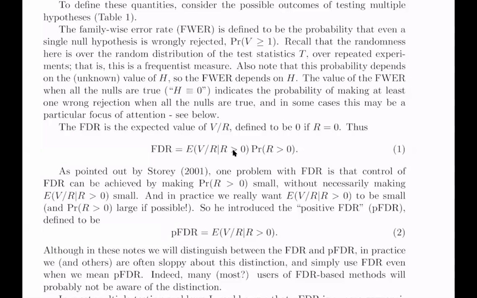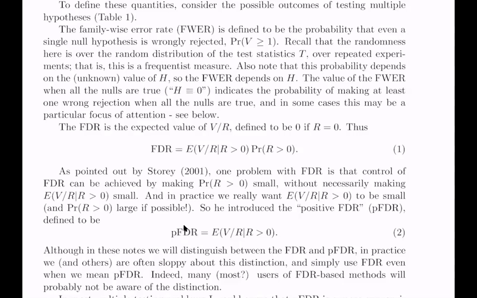And that's because you can just take the case where every null is true, the global null, that's here. When all the nulls are true, the false discovery proportion is always 1, whatever your method, unless it always rejects nothing, unless R is always equal to 0.